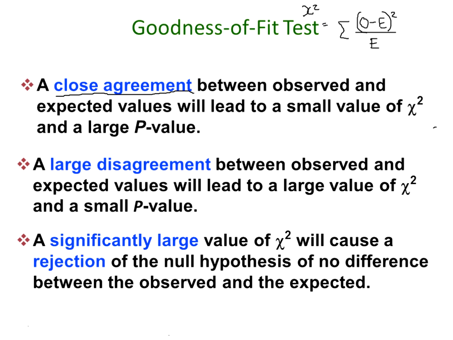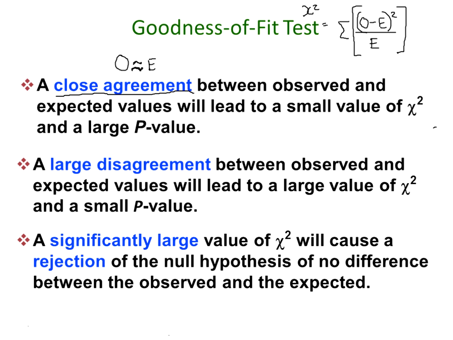We're going to find out what the O's minus the E's are, observed minus expected, square it and divide by the expected. Once we do that, we're going to add them all up. So if your O's and your E's are close, I'm going to put O approximately E, then your numerator is going to be really small.